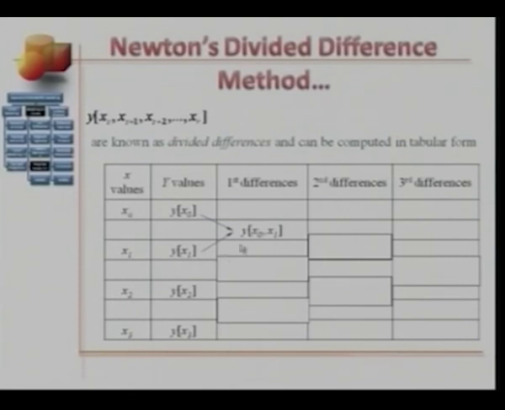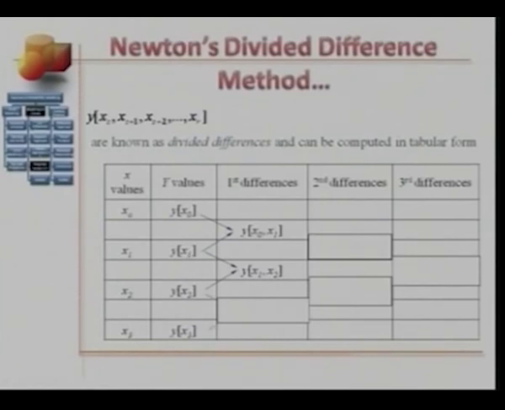This would be y of x0 and x1, which is y1 minus y0 over x1 minus x0. Likewise, the divided difference corresponding to this information here will be y within square parenthesis x1 and x2, which is y2 minus y1 over x2 minus x1.